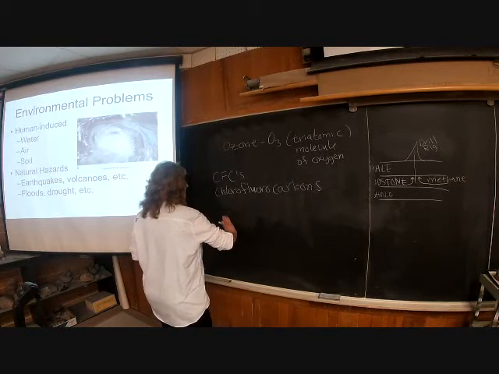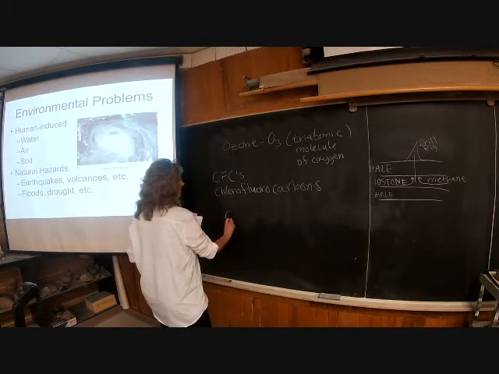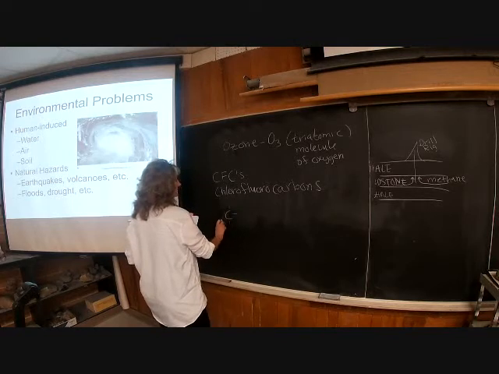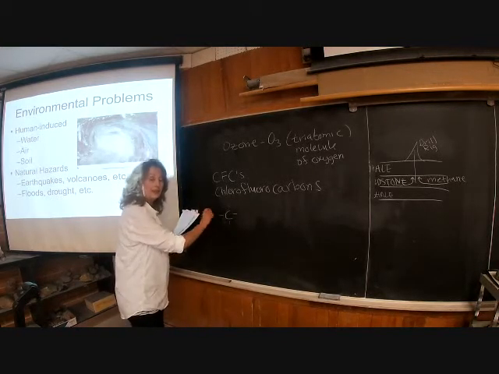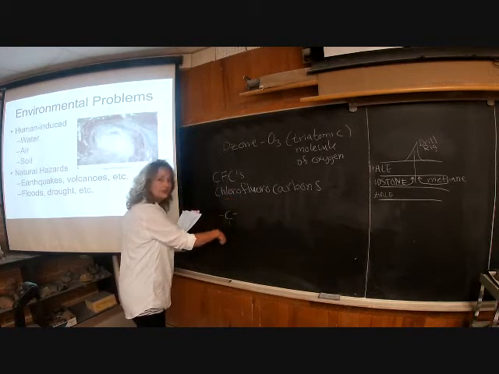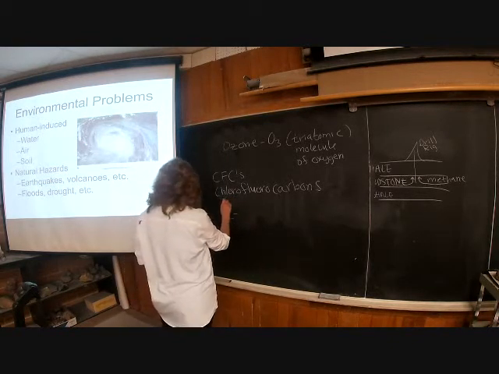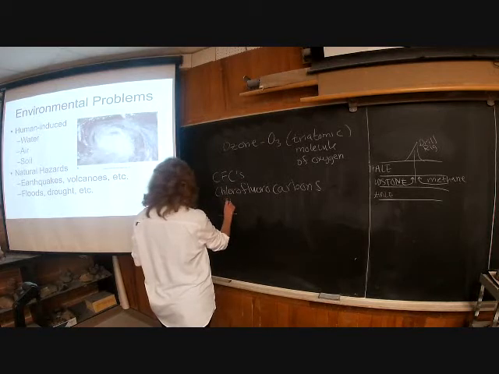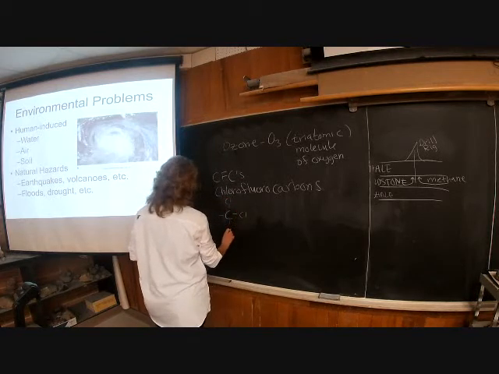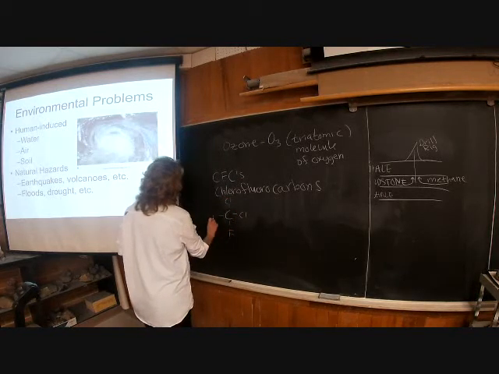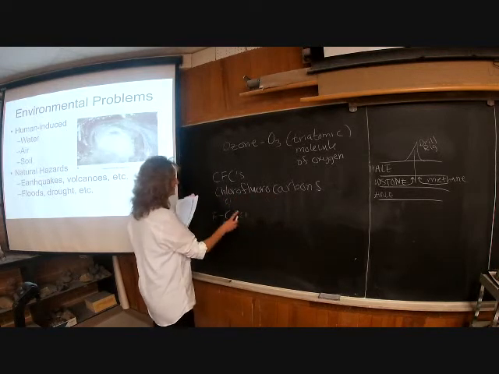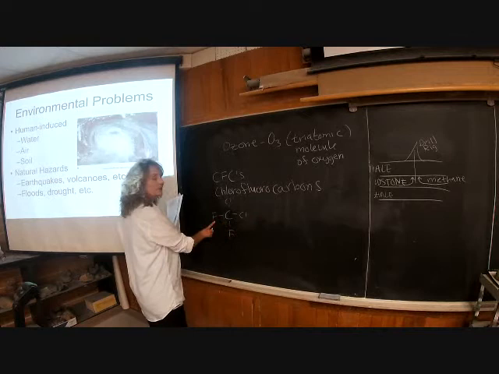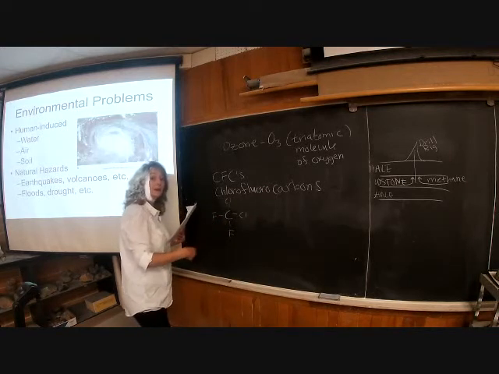We think about how I was drawing that methane earlier, right? It was a carbon with 4 bonds around it, and methane was hydrogens all around it. Well, this one we have the chlorine and fluorine atoms. So they call them chlorofluorocarbons, chlorine and fluorine in this molecule.